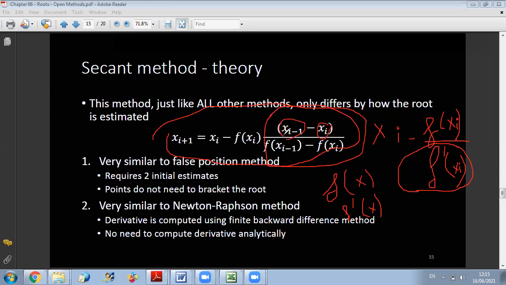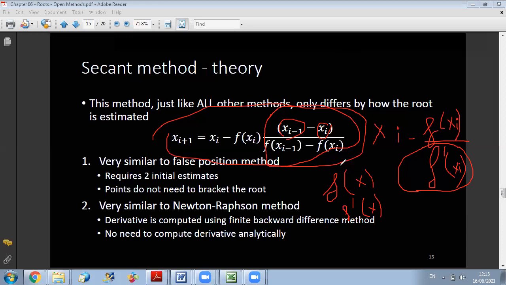So we can say that the Newton-Raphson method is using the exact derivative, while the secant method is using the finite difference method to approximate the derivative. And if you remember in the false position method, this f prime was the slope of the line joining the 2 points. Okay, so in all cases it's nearly similar, but the way we compute this derivative is changing.